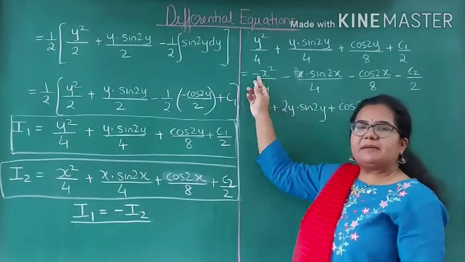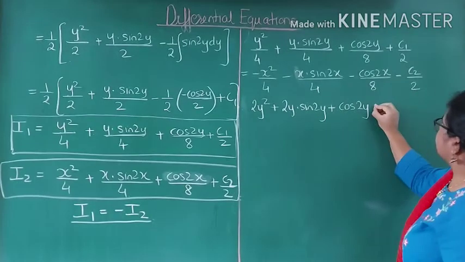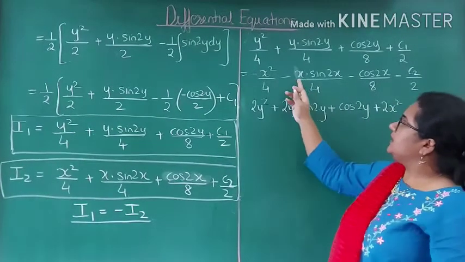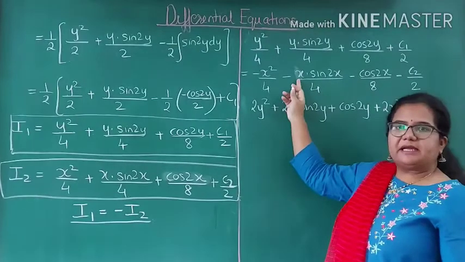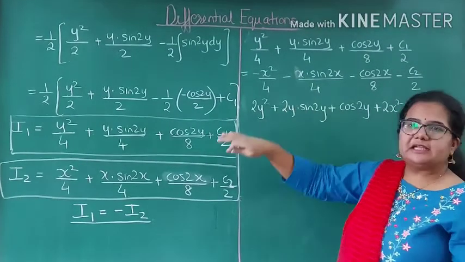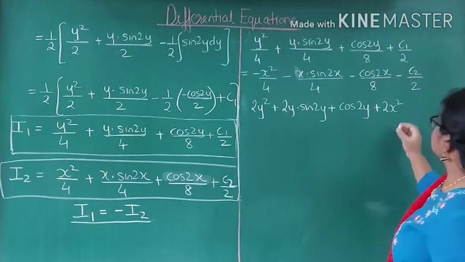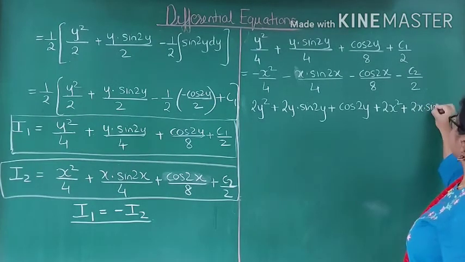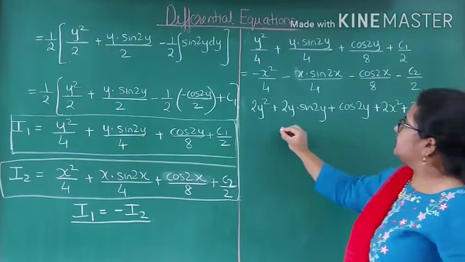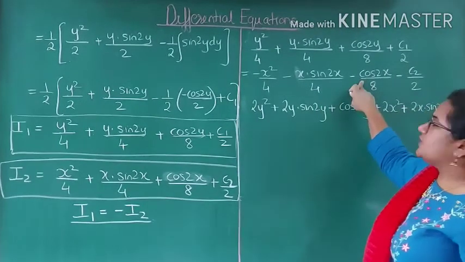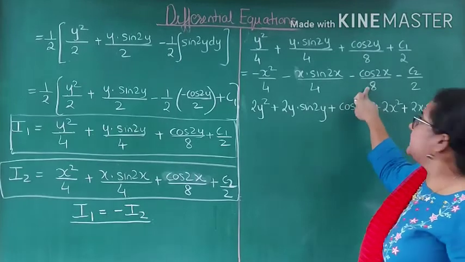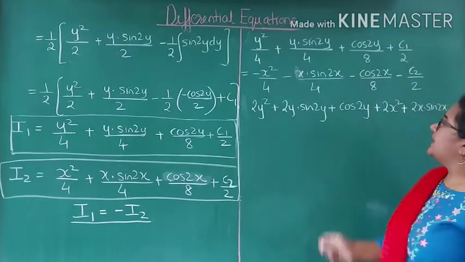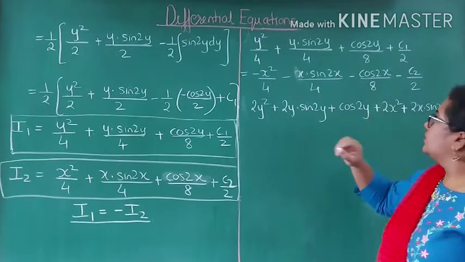And when I multiply by 8, 4 2s are 8. So this will become plus 2 times x square. Then here also if I multiply by 8, if I take it on LHS, again it will become plus. So I will write here plus 2 times x into sin 2x. Then this term also I multiplied by 8, so 8 will get cancelled. Minus, if I take it on LHS, it will become plus. So plus cos 2x.